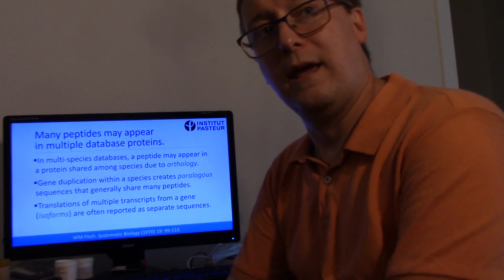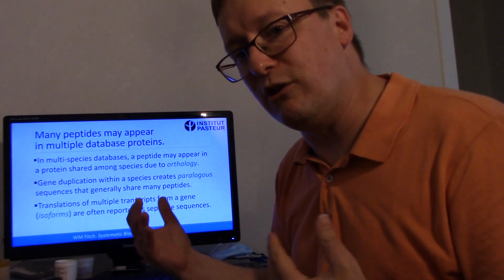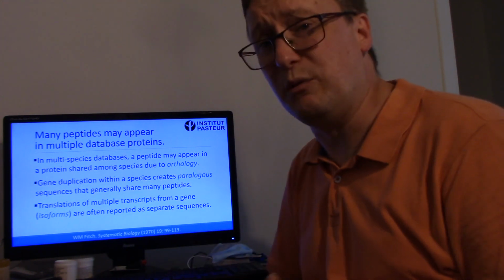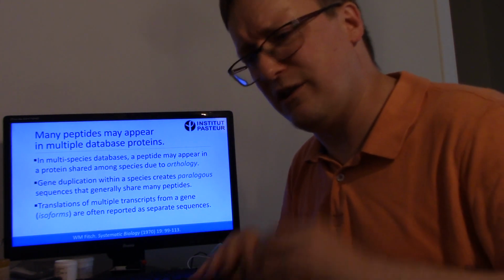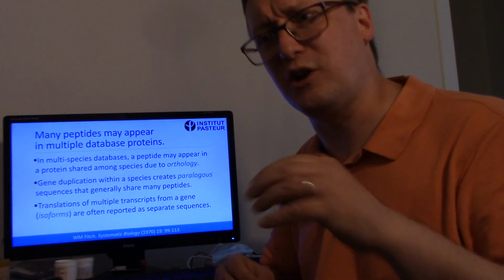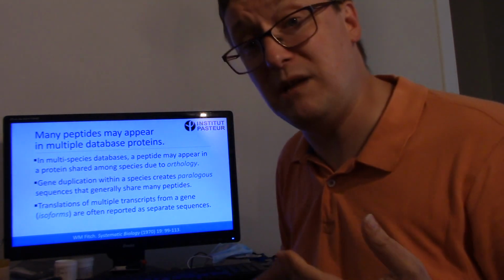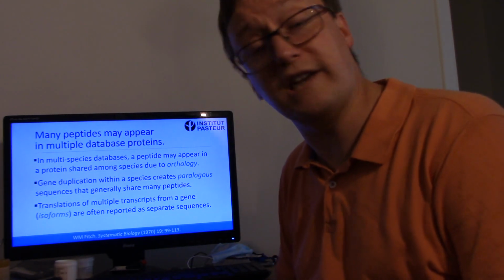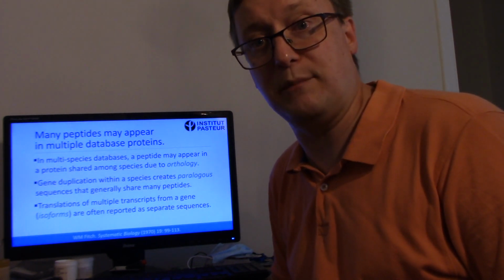All right. So many different peptides may appear in multiple protein sequences in the database. This might be obvious, but again, there are several different reasons why a given peptide shows up at multiple places in the protein database. First off, it might be that you're using a multi-protein database. Maybe you're using the UniProt database, for example.